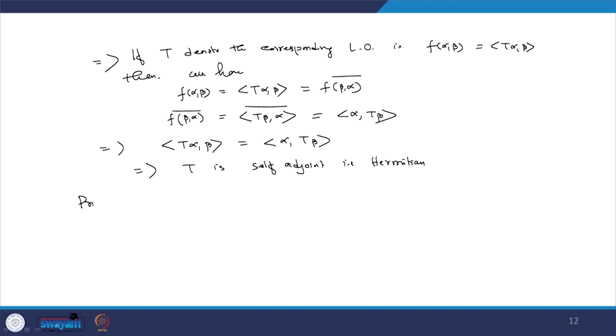So, this gives a nice clue to establish a nice result, that is called the principal axis theorem. What is that?